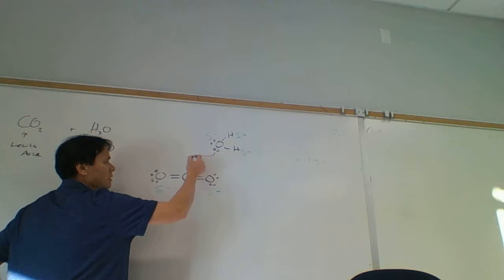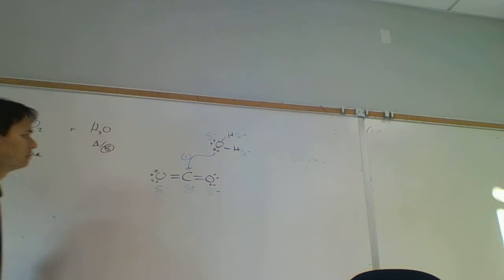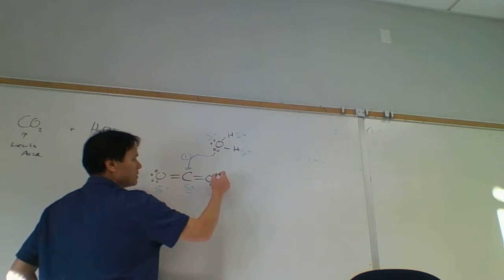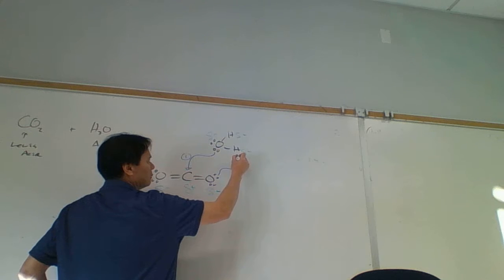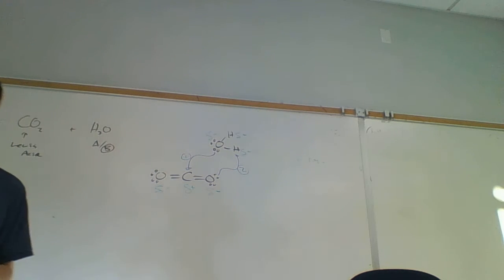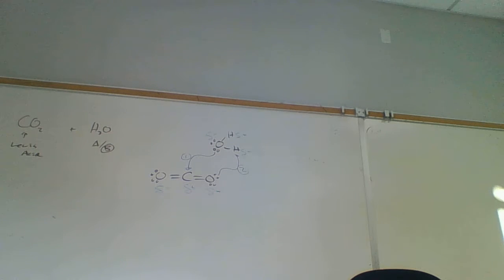This is one possibility. We'll call it scenario 1. The other possibility is this delta minus on this oxygen is attracted to this delta plus on this hydrogen. That's scenario 2. So there's 2 possible Lewis acid-base type collisions.